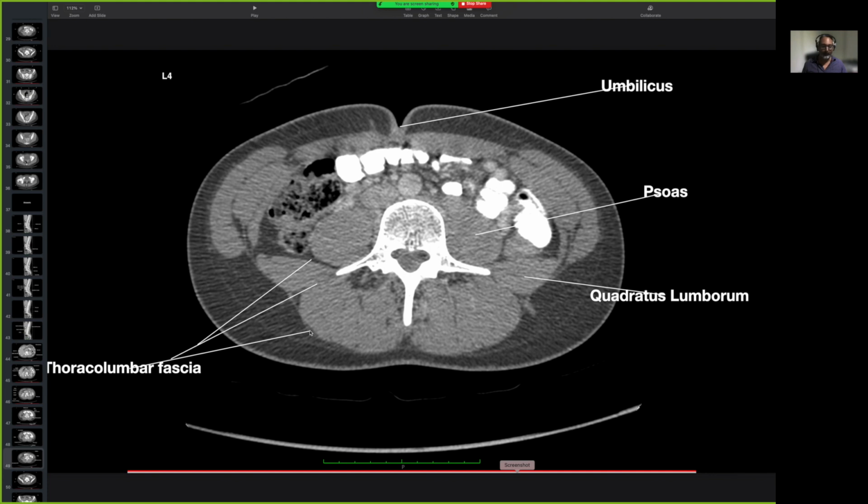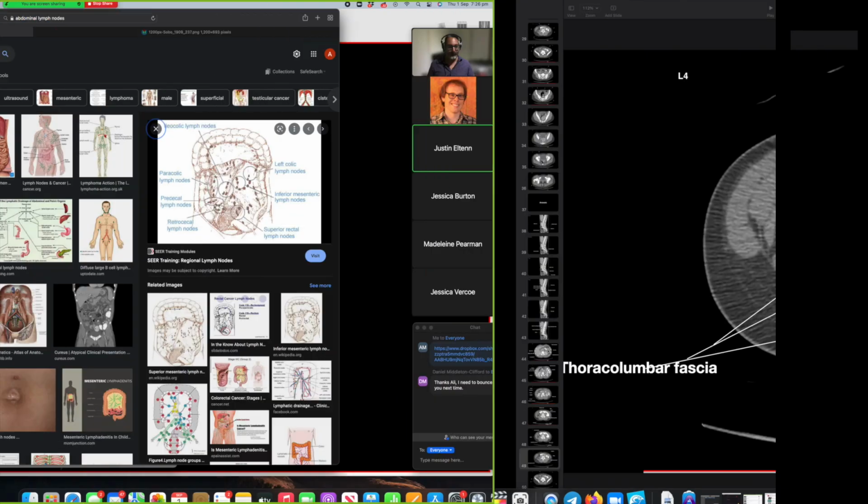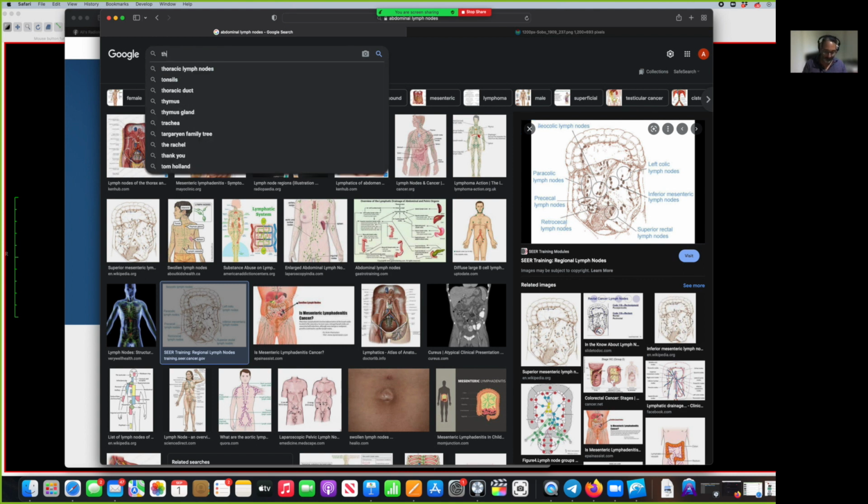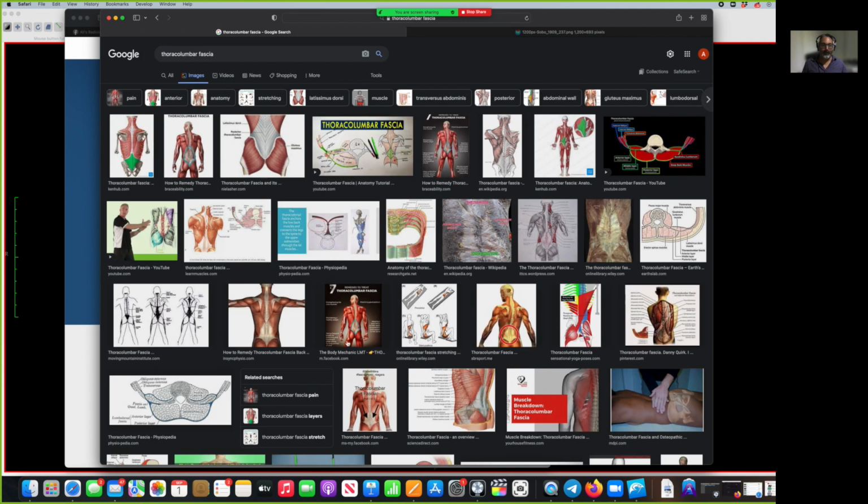And the thoracolumbar fascia has this posterior part, this middle part, and this anterior part. And I'll show it to you again, because if you are doing MSK of this area, you should know it, because it is one of those things that always ends up causing trouble for people.